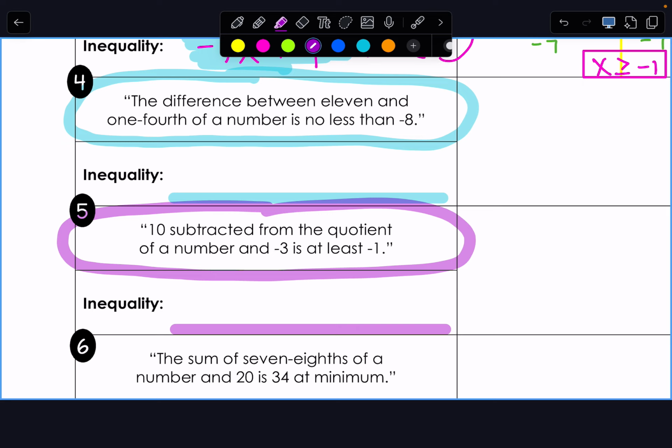So that means 1/4 x. 1/4 of a number, 1/4 x, is no less than. What sign means no less than? Not less than. The opposite of less than, yep, with the line. And then negative 8.